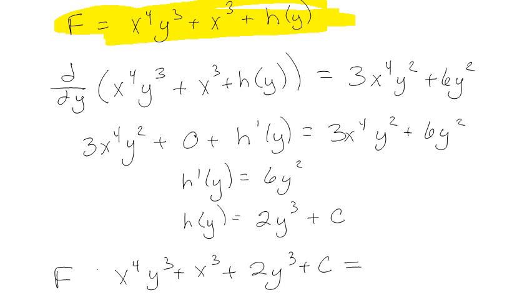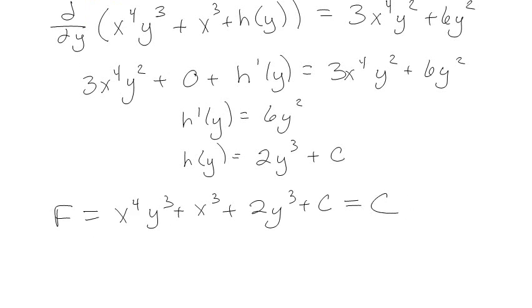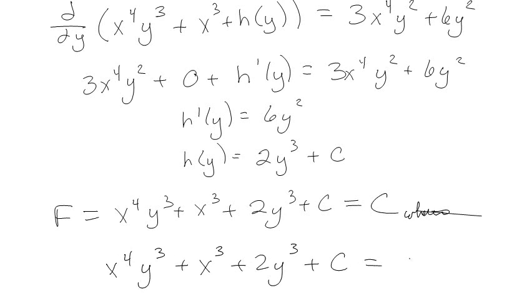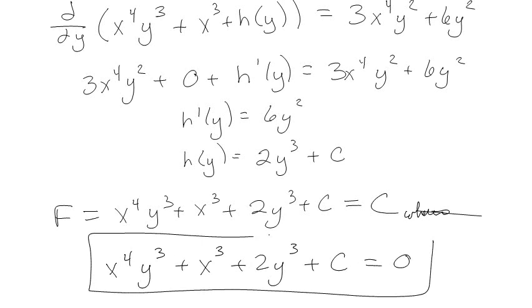So from now on, I'm just going to write it as x to the fourth y cubed plus x cubed plus 2y cubed plus c is equal to 0. And that would be my full solution using the exact method.